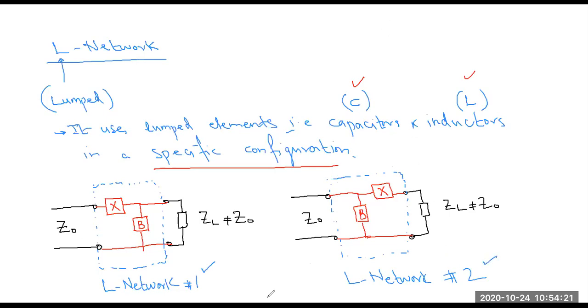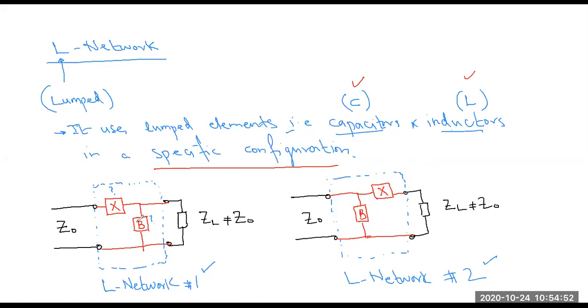And once you make this decision, the next task will be to find out what is X and what is B. In case you selected L network number one, then you need to find out what is this X and what is this B. We know that this X and B may be a capacitor, may be an inductor, but we don't know which is which.